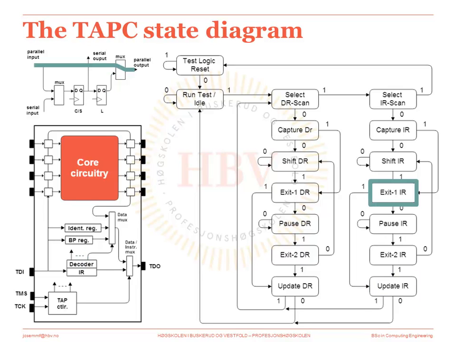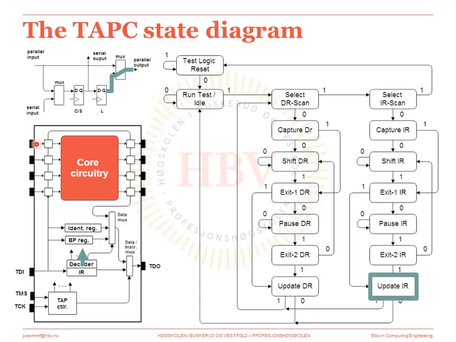Then we will go from exit instruction register to update instruction register by driving a 1 at TMS. And this is the moment when the new instruction becomes valid. So if you look at the operating mode of the boundary scan cell when we go from exit to update, you will see that the boundary scan cells have now reverted to test mode.